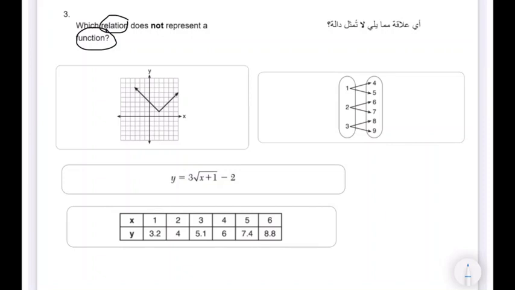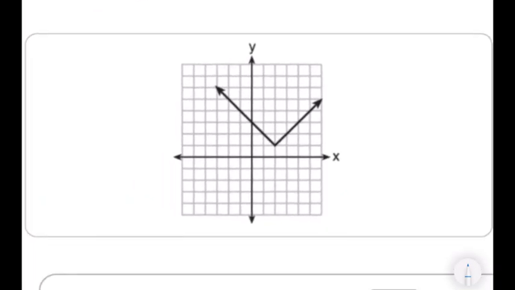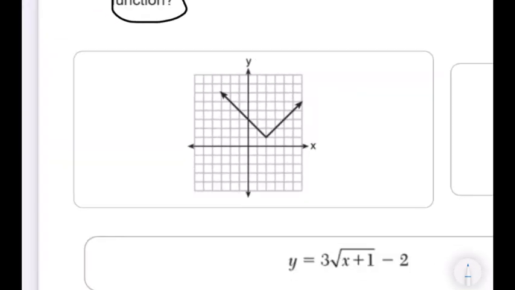So let's see this graph over here. In this graph, as we can see, every x value corresponds to exactly one y value. Here, 2 corresponds to 1 on the y-axis.